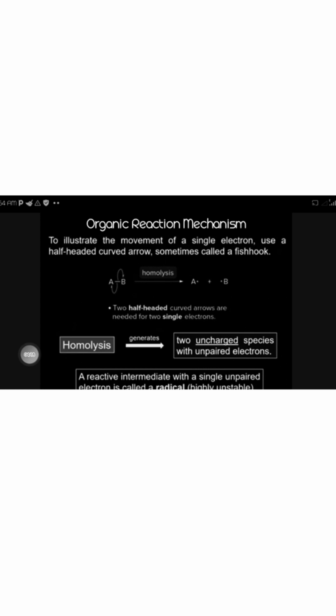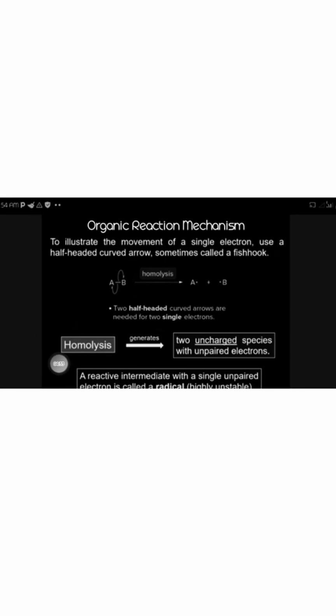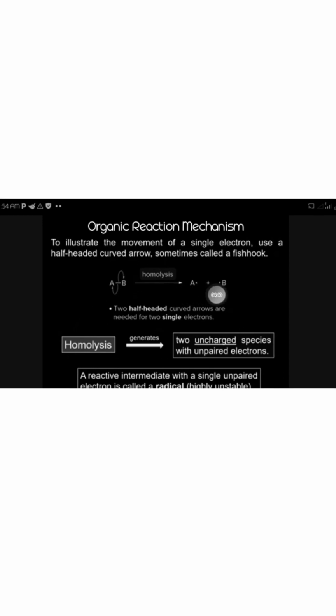That equal distribution of electrons is represented by a half-headed curved arrow. Whenever you see a half-headed curved arrow, it is used to represent homolytic cleavage. You must understand that this is the representation of homolysis or homolytic cleavage.